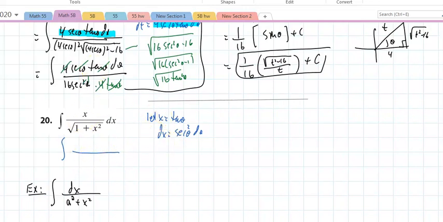And again, this is the long way, but it does happen sometimes.